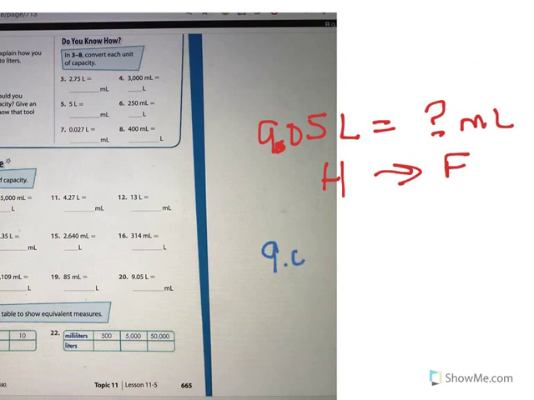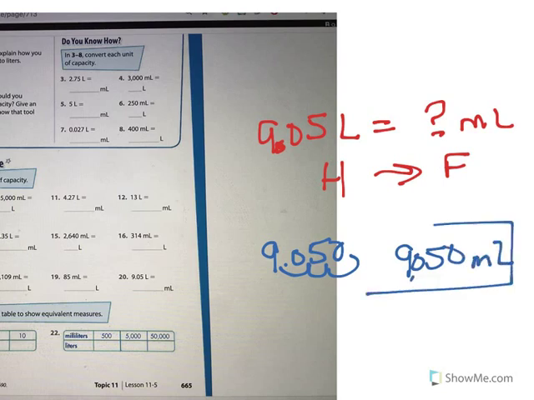So I'm going to do 9.05, and I have to move 3 smiley faces: 1, 2, 3. Uh-oh, there's nothing there. I add a 0. So the answer is 9,050 milliliters. If you forget the label, it's wrong. Sorry. I'm kind of disappointed that all he does is show milliliters and liters. I wish he made it harder, but okay, we'll do it this way.